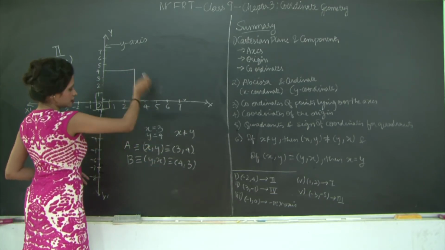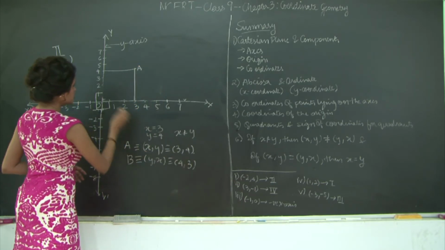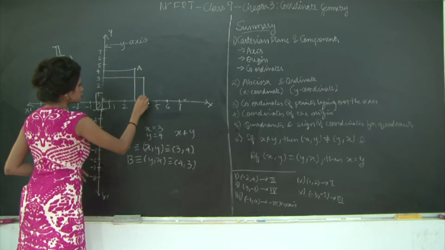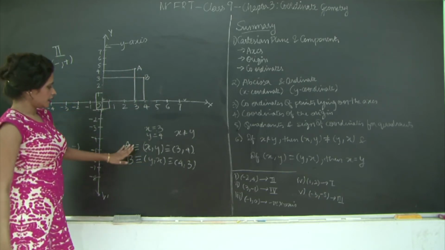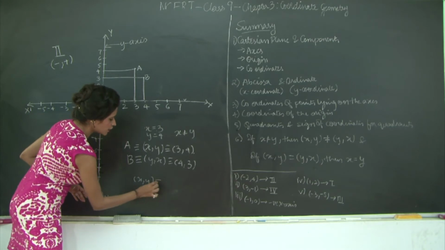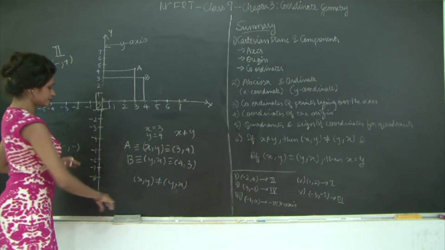So this is A, and B is 4, 3. So 4 is here and 3 is here. So obviously you see that A is not equal to B, which is why x comma y is not equal to y comma x. Simple.